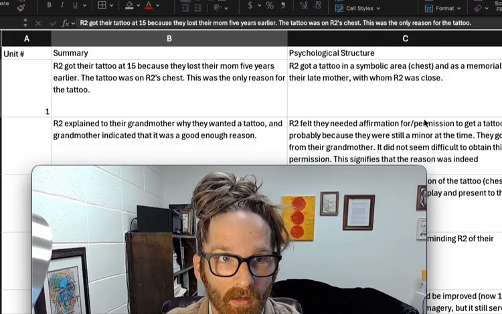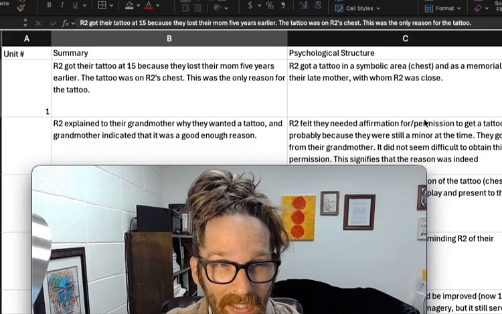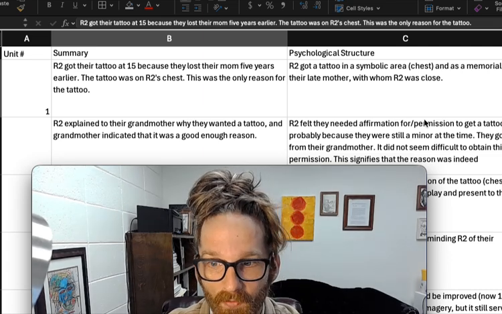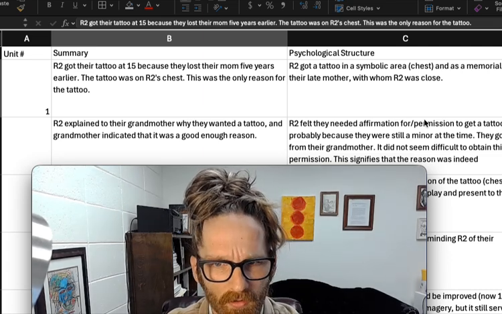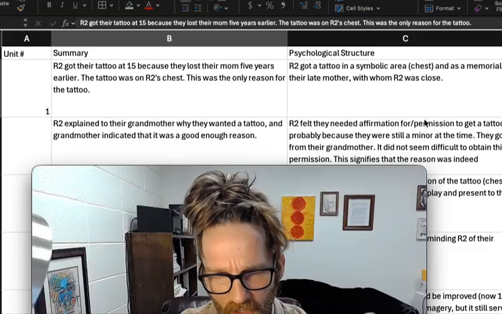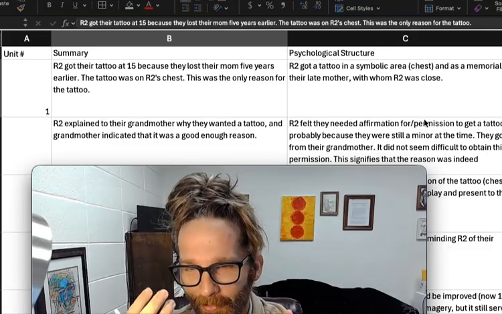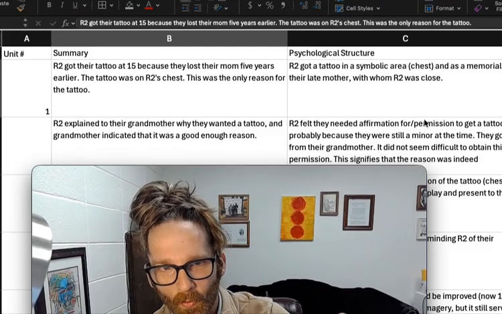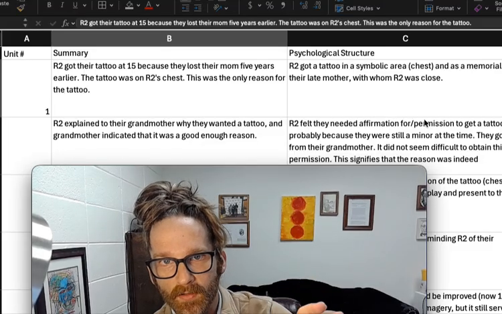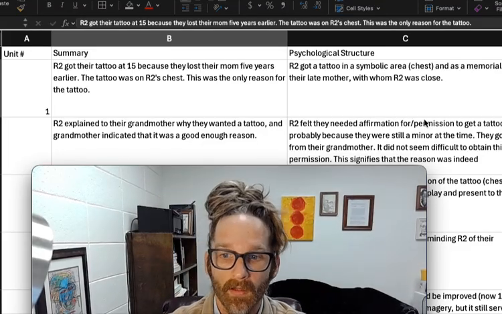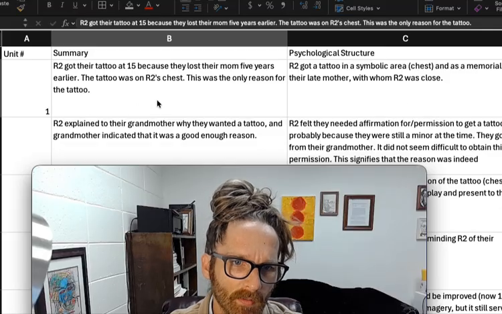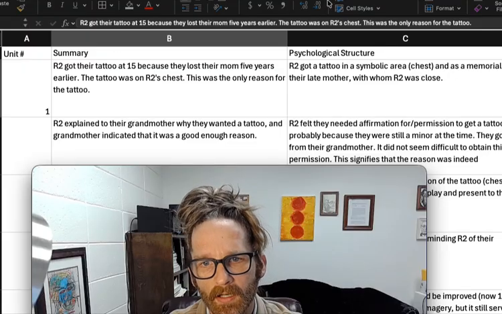If I read it and just imagine what it means, I might be inserting myself into it. So by going through the steps of typing out the third person description, this is R2 here, R7 here, not me, now looking at this as something that's not me, what's the meaning of it in the context of this person's life based on what we know about them and the conversation that we're having? So I do like the summary step where we write it out in third person.